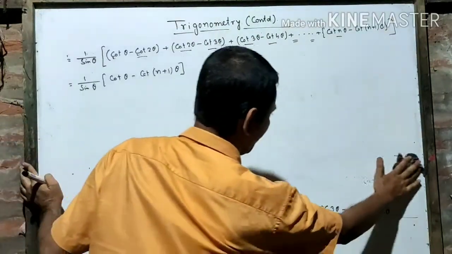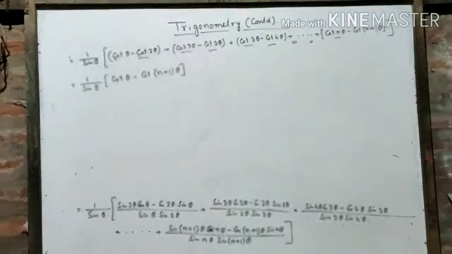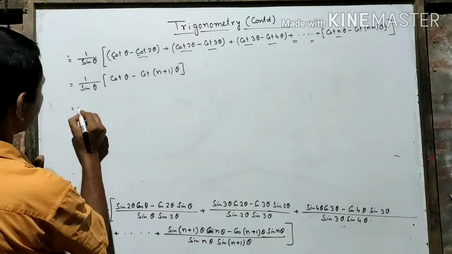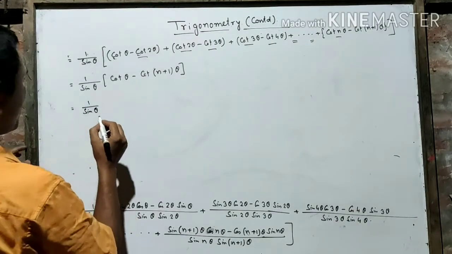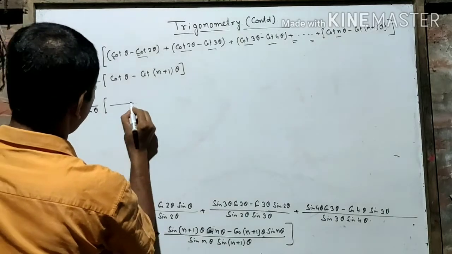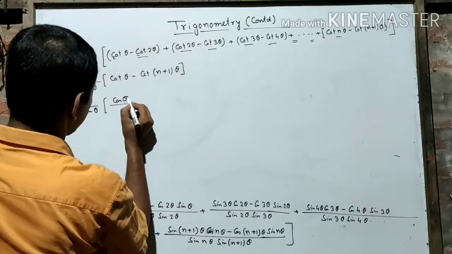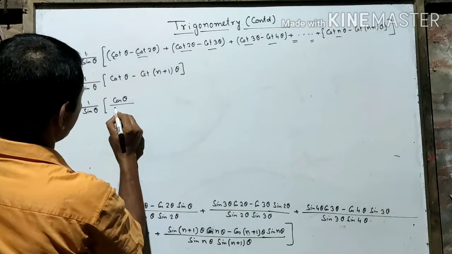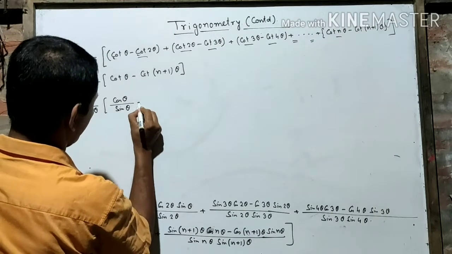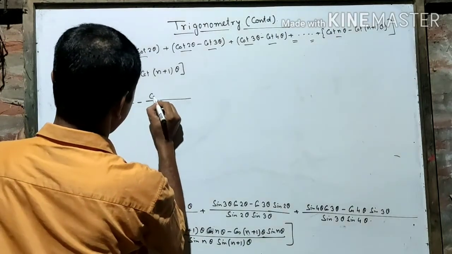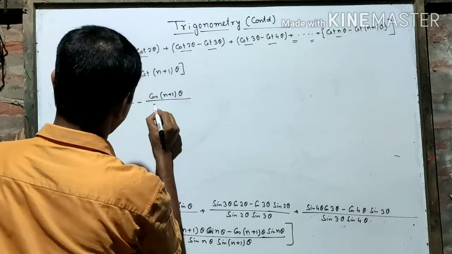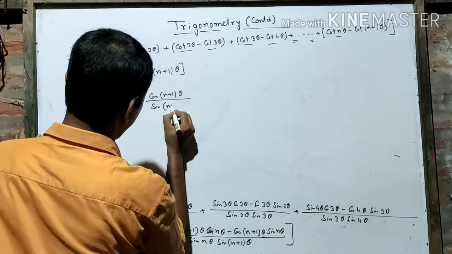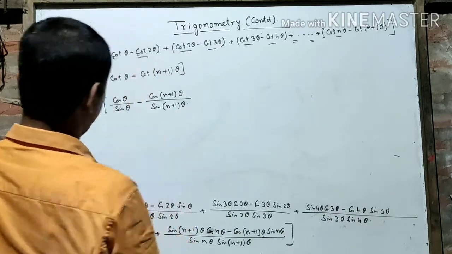So if we expand it again, is it going to help us? Let's see. 1 by sin theta into cos theta by sin theta minus cos n plus 1 theta by sin n plus 1 theta.